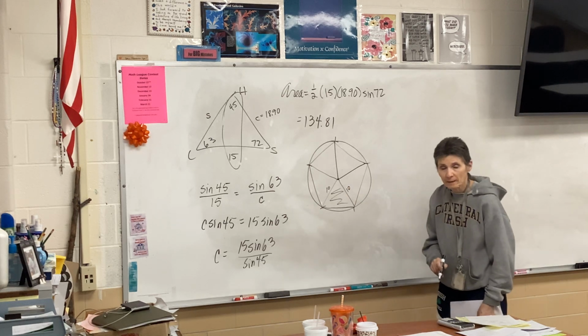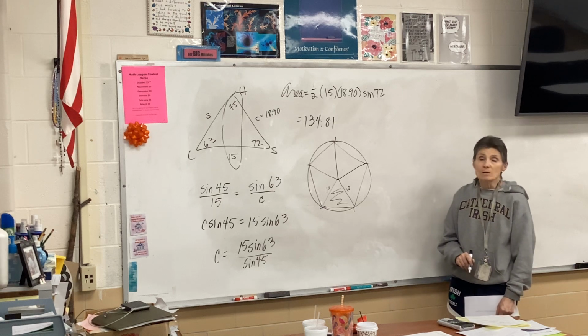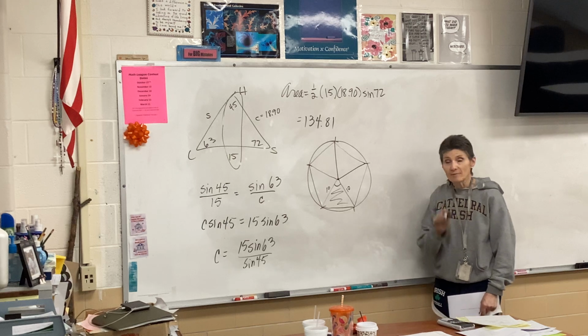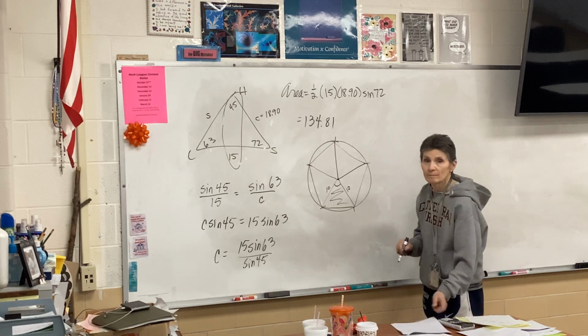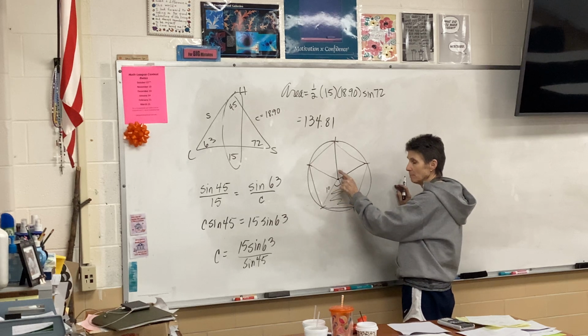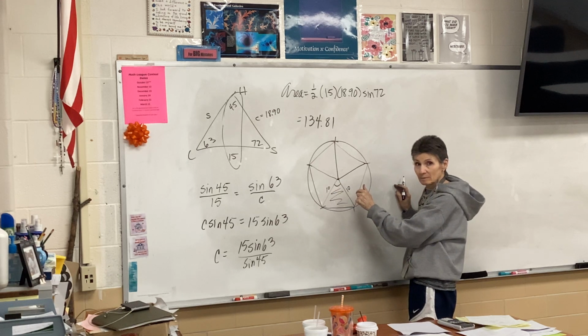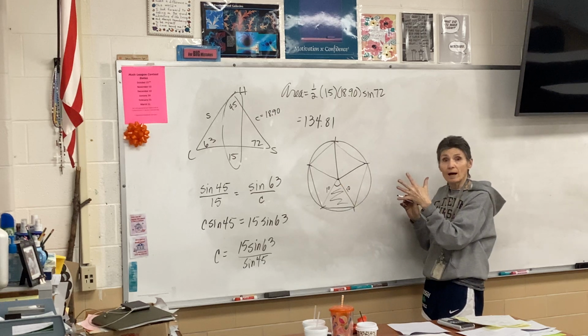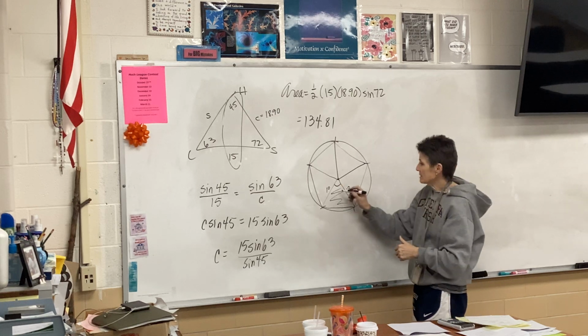Now, how do I do that? Well, it would be super simple if I knew this angle. I think I can figure that angle out. Remember, all 5 of these added up make 360. So each one of them must be 360 divided by 5, which is 72.